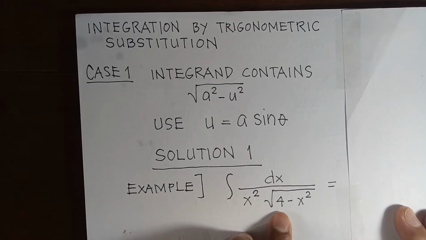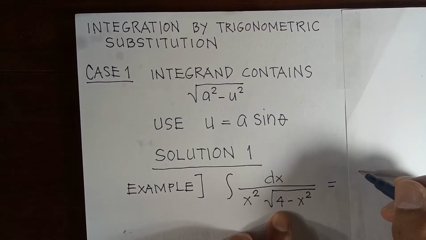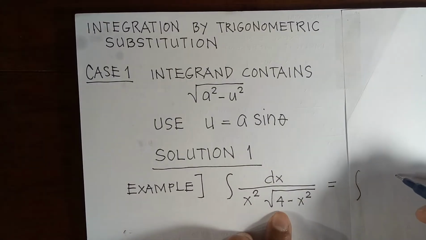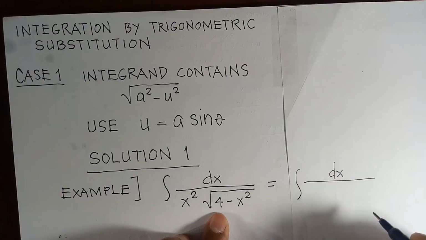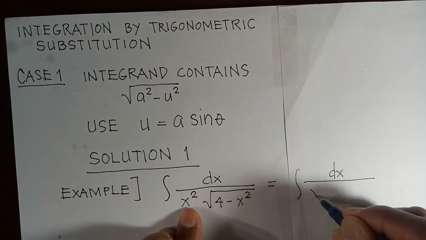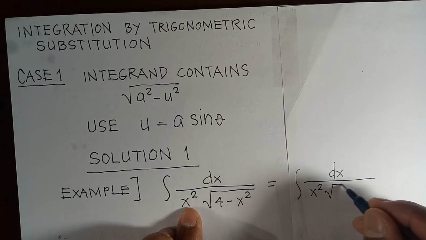So, itong given natin ay equal din siya sa integral of dx divided by x squared, and then we have square root.